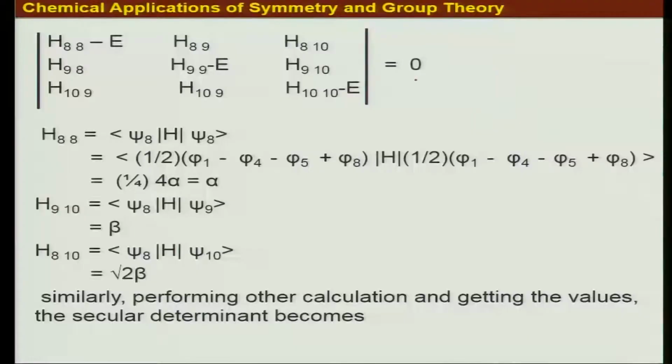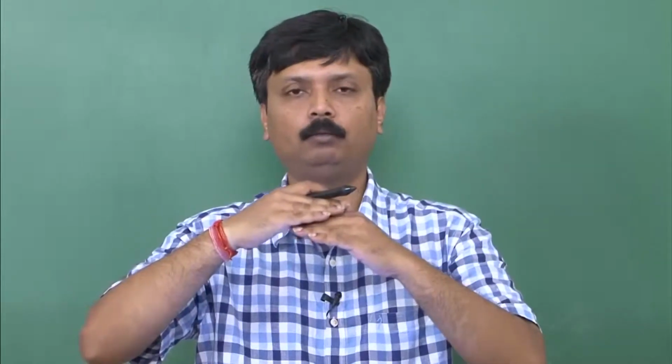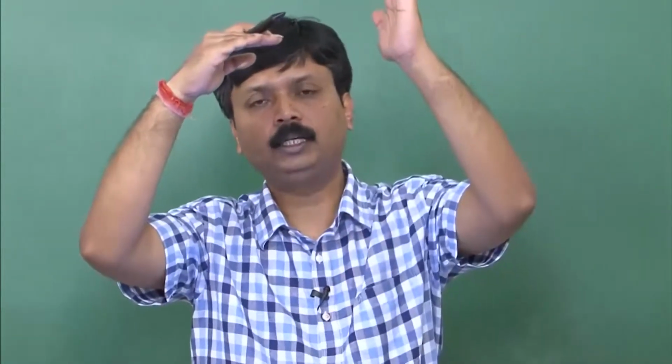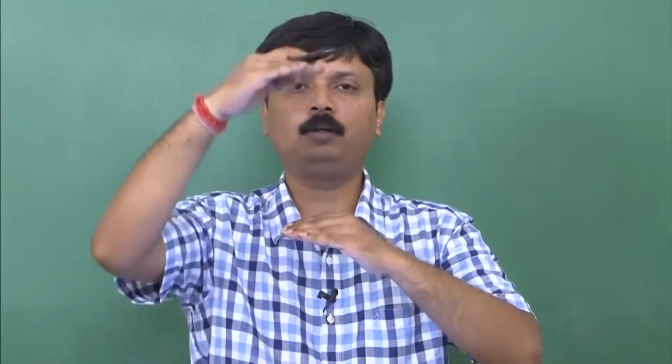When we write the secular determinant and the secular equation for, say, B3G and solve it, you get the result in terms of the notation that we used under the Huckel approximation, that is, alphas and betas. I mentioned that alpha is taken to be the energy 0. So what is the energy 0 here? When we draw the molecular orbitals as a function of energy, energy follows the vertical direction, and then we have the different molecular orbitals formed.